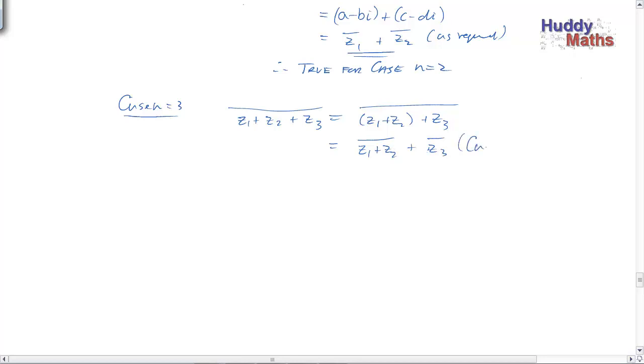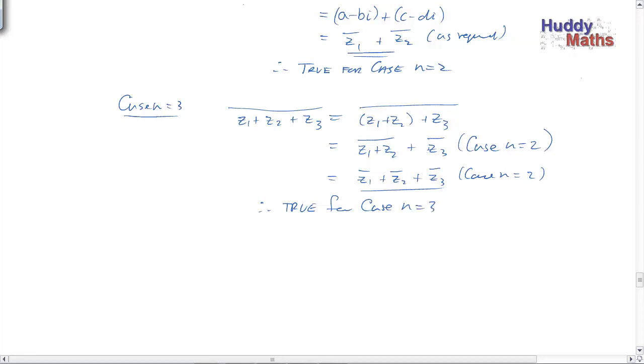That's splitting it into two terms and then applying the rule that we just established strictly, case n equals 2. And then we can use case n equals 2 again, because there are two terms within this one. So put that case n equals 2 used twice there. Therefore, true for case n equals 3.